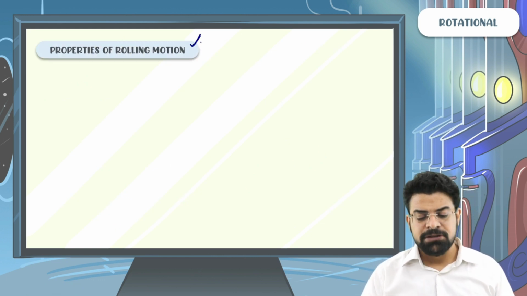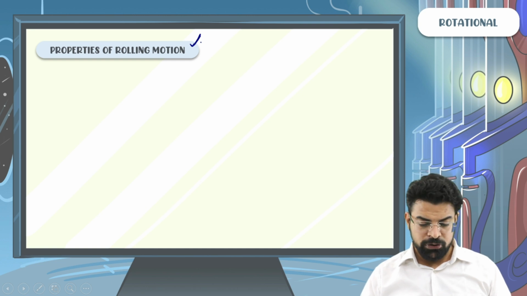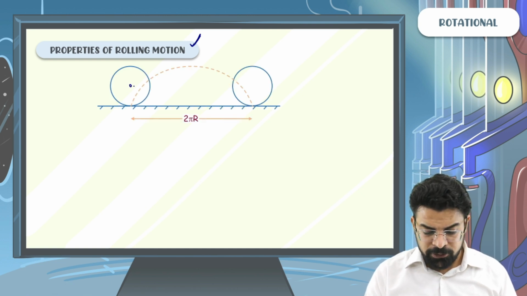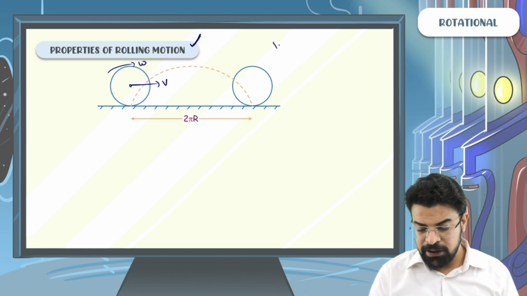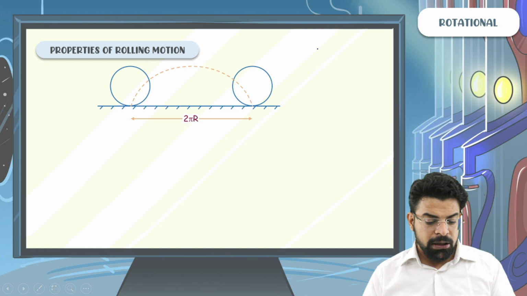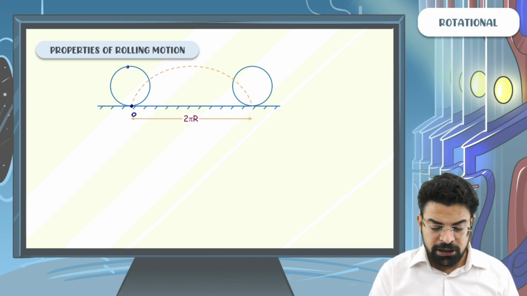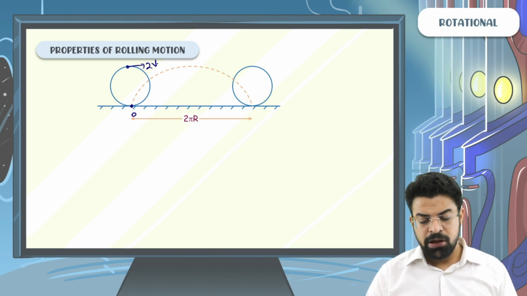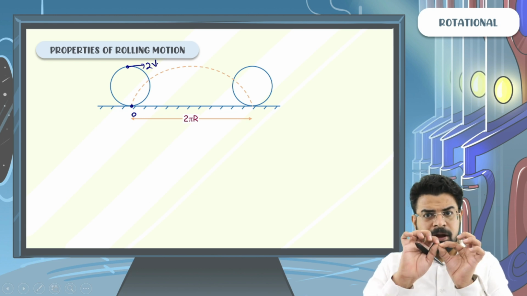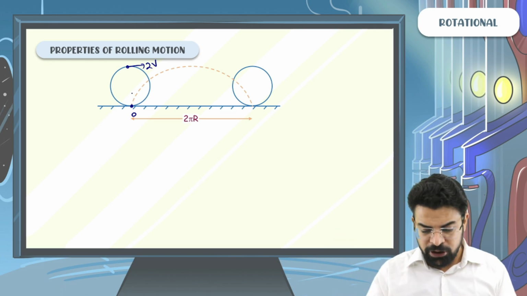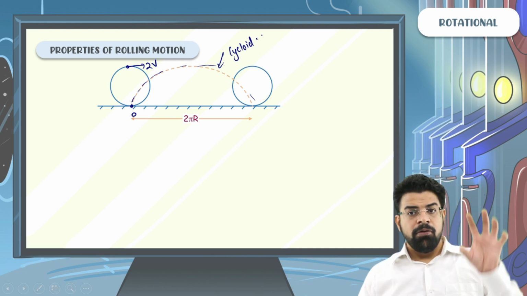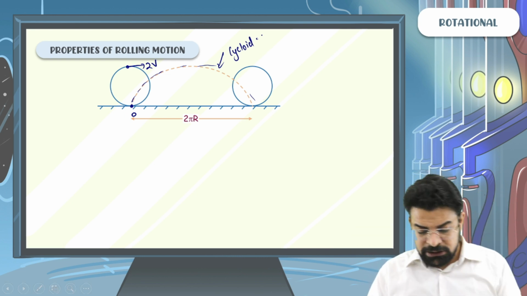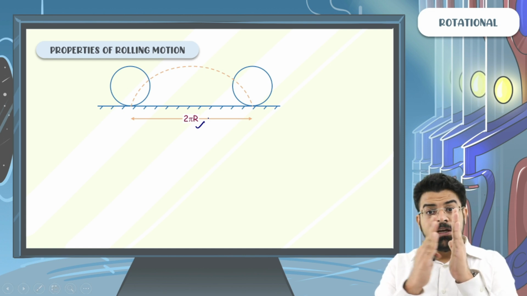Some important things that we should know about the rolling motion. If a body performs pure rolling such that v and omega are related as v equals omega r, then we know at the lowest point the speed is 0, at the topmost point the speed is 2v. The path taken by one of the points on such a body is called the shape of a cycloid.